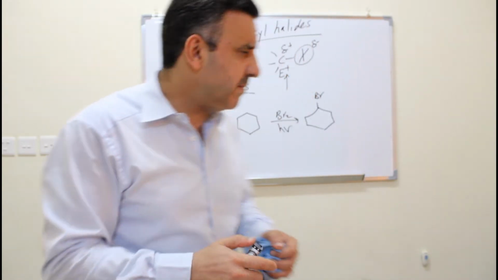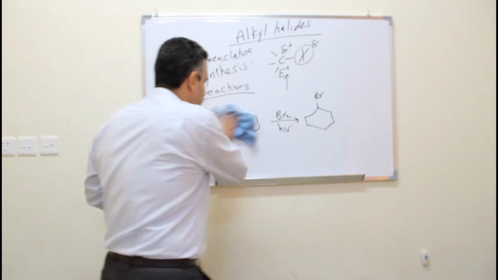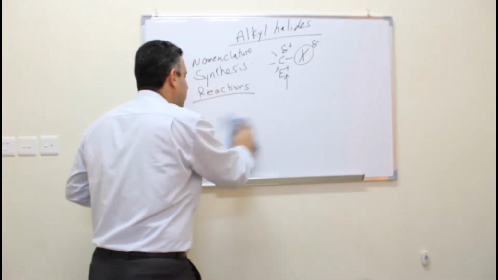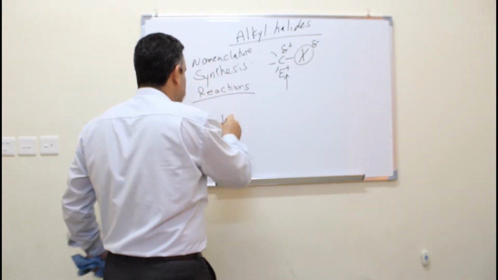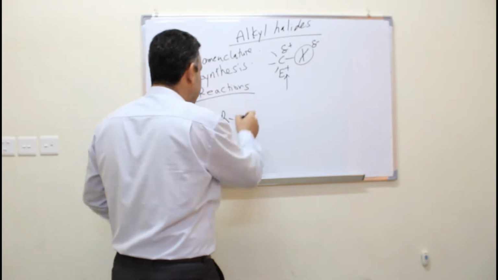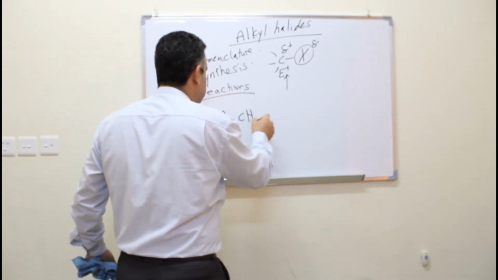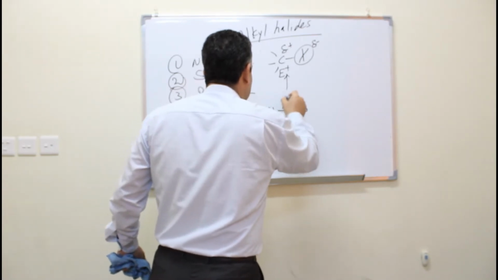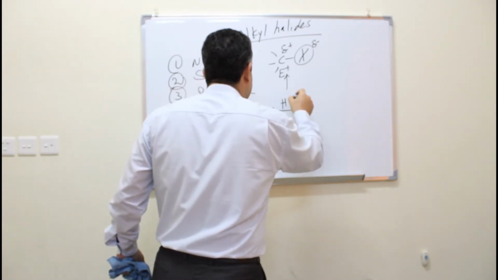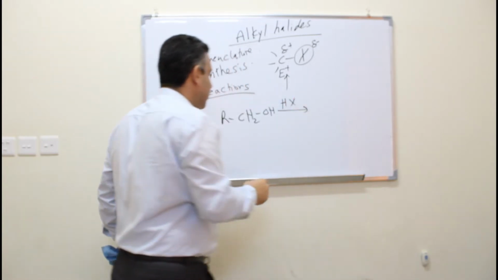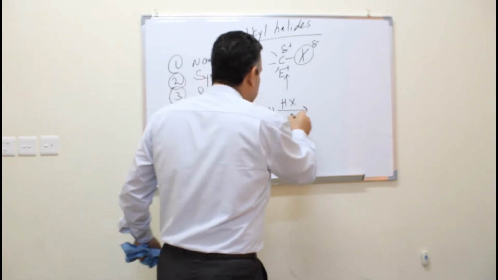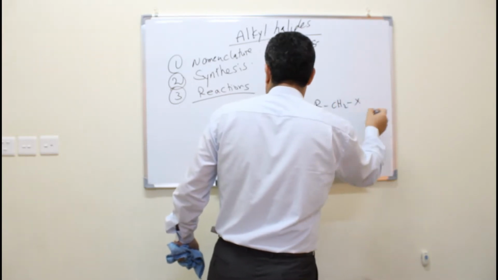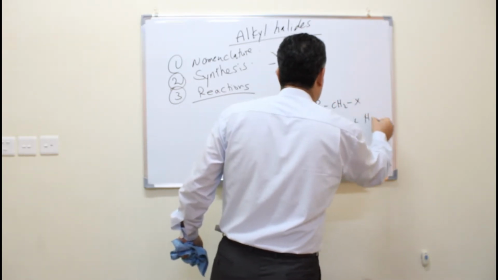Another method: we may prepare alkyl halides from the corresponding alcohol, and in this case, for example, if we have RCH2OH, we can allow it to react with hydrogen halide, and with heat we will get RCH2X plus H2O.